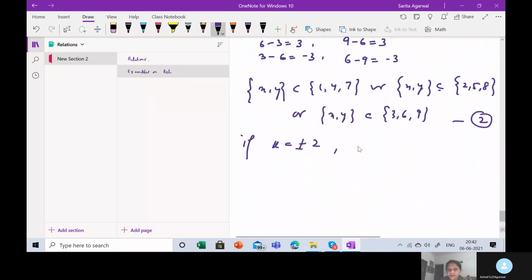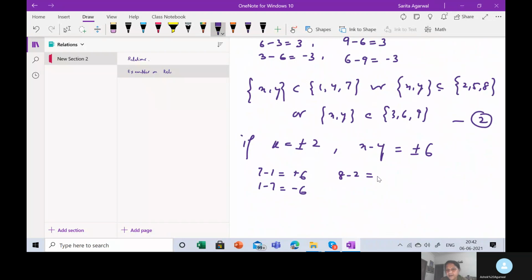So we can see here 7 minus 1 is 6 and 1 minus 7 is minus 6. Similarly, 8 minus 2 is 6 and 2 minus 8 is minus 6. And 9 minus 3 is 6 and 3 minus 9 is minus 6.